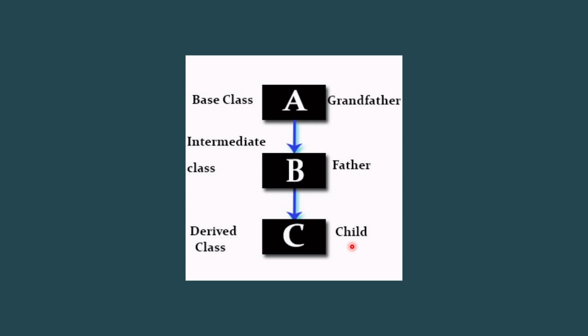So this is known as multi-level inheritance, because you simply have levels of inheritance here. Okay. This is the very best example. You can surely get to know what is multi-level.